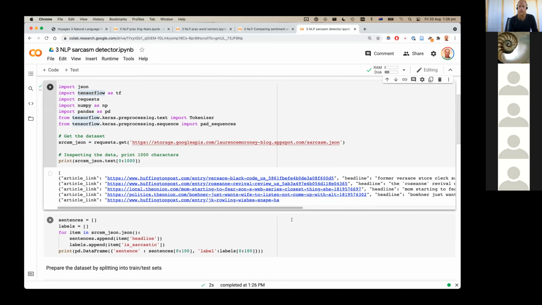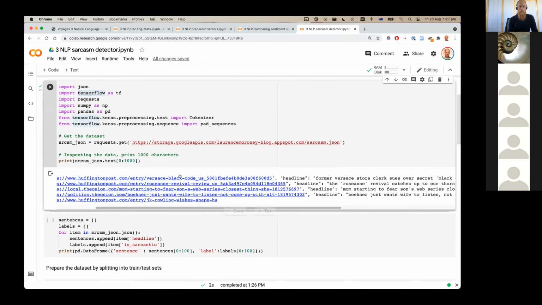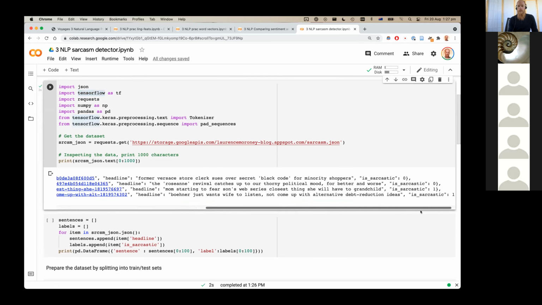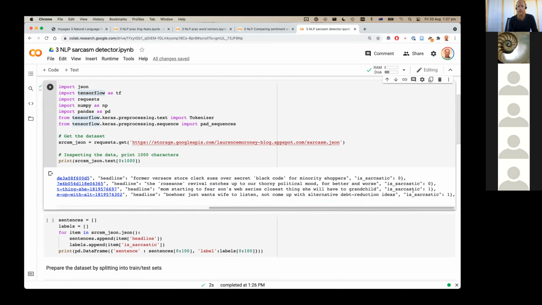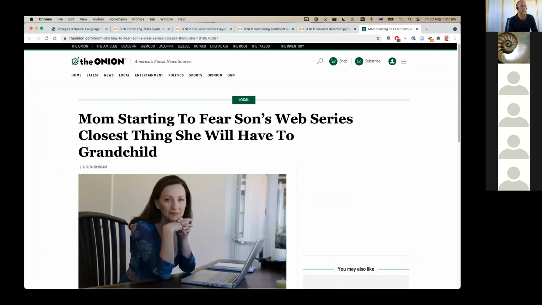The data set we're working with today is a web scrape of a whole bunch of news articles. I don't know if you know The Onion. Some of the news articles are likely to be truthful, some of them may be false but still non-sarcastic, and some will be sarcastic, particularly the articles from The Onion, notorious for their sarcasm.